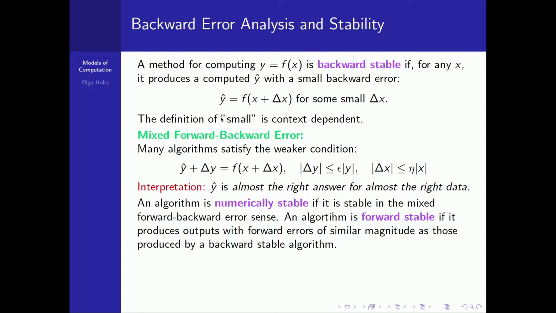And we'll say forward stable if, again, this is a slightly interesting definition, it actually produces outputs with forward errors of similar magnitude as those that are obtained by a backward stable algorithm. That's a very bizarre mouthful of a definition to give. Maybe there are better ways of describing it. And just to confuse maybe JM a little bit more, imagine you're just using Cramer's rule on 2x2 matrices.